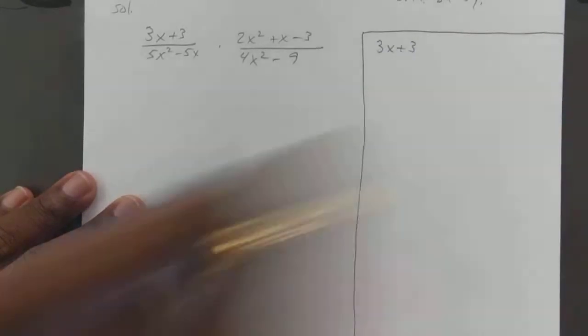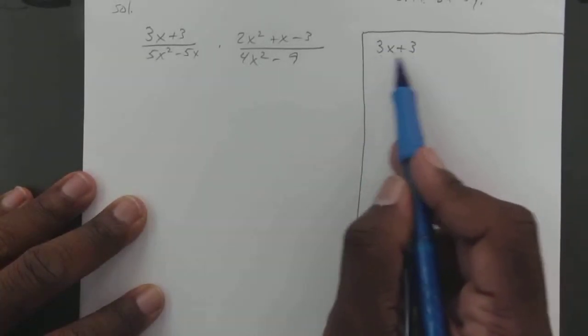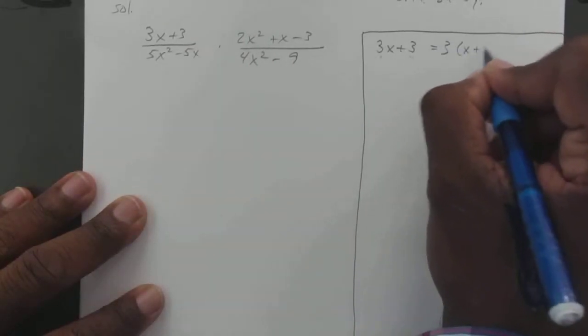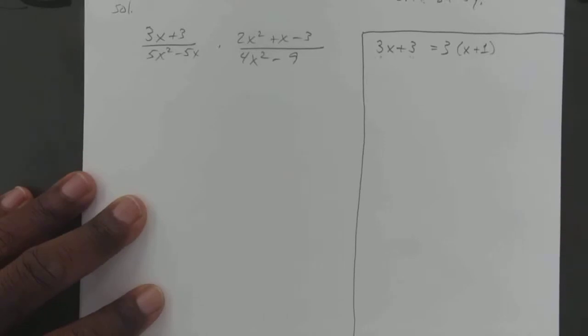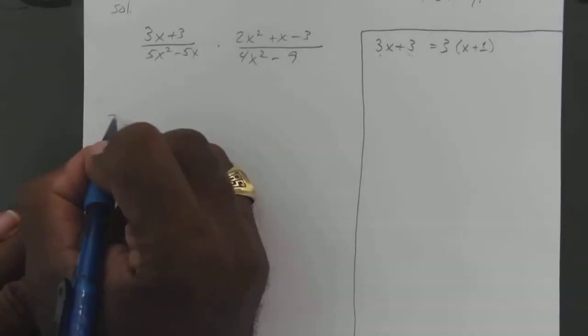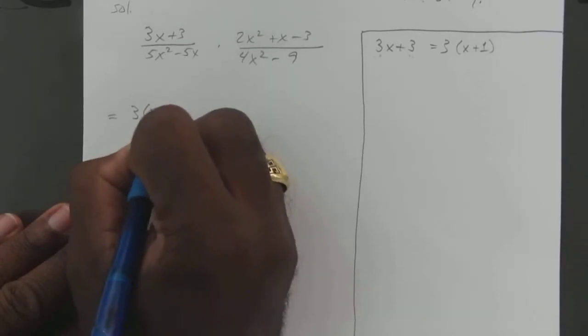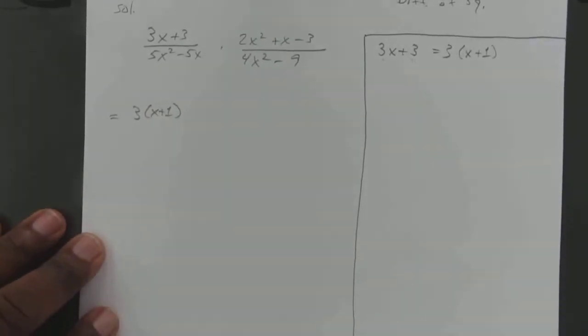So if you have 3x plus 3, you can just factor a 3 out of both of those. So that's 3 times x plus 1. So this numerator just becomes 3 times x plus 1.